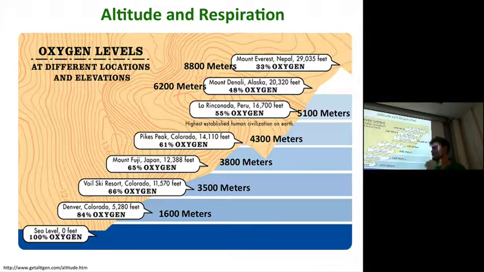They're in a reduced oxygen atmosphere, and because of that, their body makes more hemoglobin. So that when it's time for the big race, they come down, run the big race, and their ability to transport oxygen has transiently been increased because of them running at a higher altitude or a lower availability of oxygen.